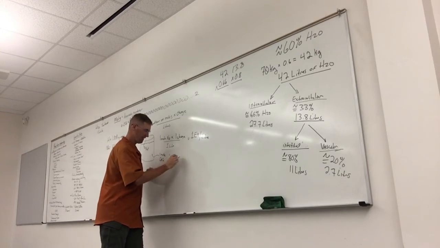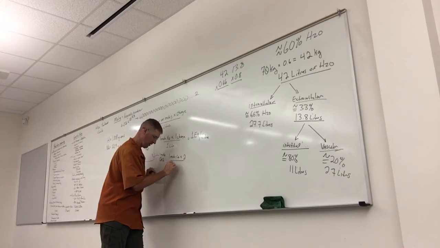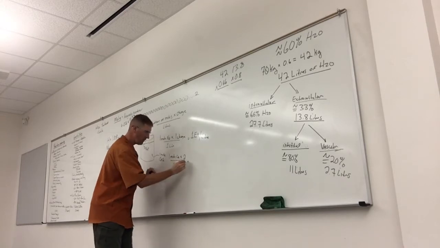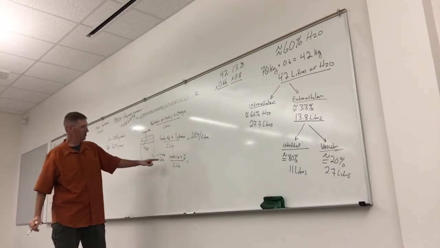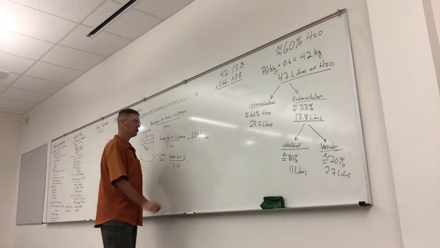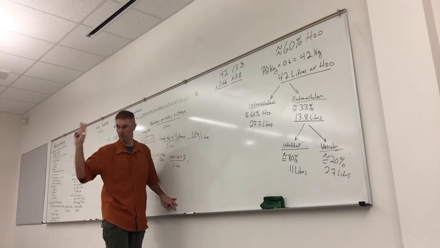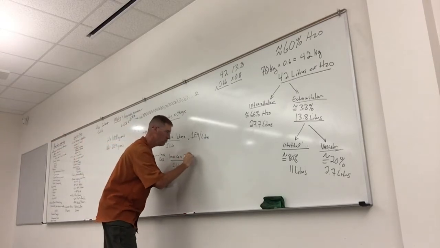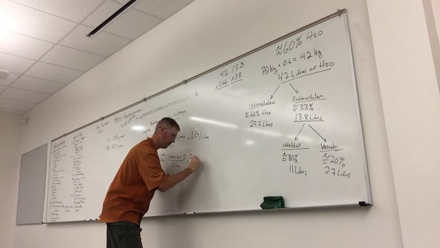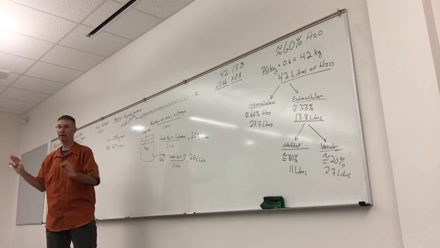So this is 1 times 2 divided by 1 liter. So even though I have the same number of moles of calcium, what happened? Equivalent changes. Good, the concentration in equivalents changed because calcium has a +2 charge, not a +1. Does that make sense? So I would have 2 equivalents per liter of calcium. You guys okay with that?